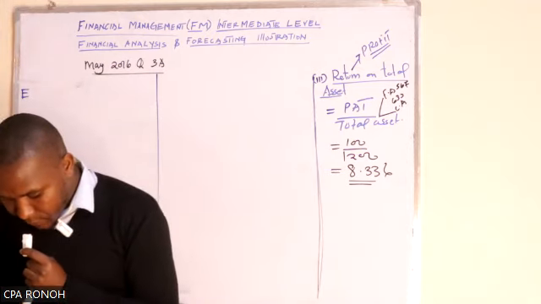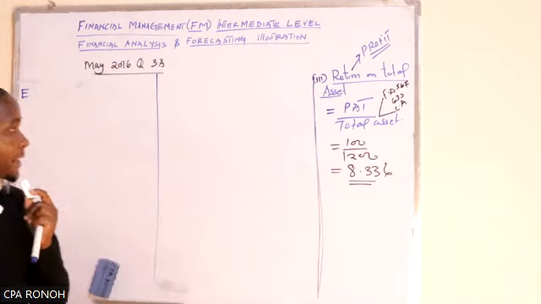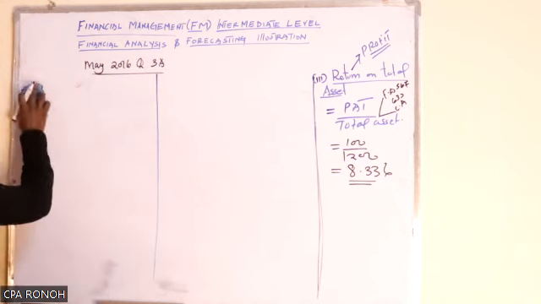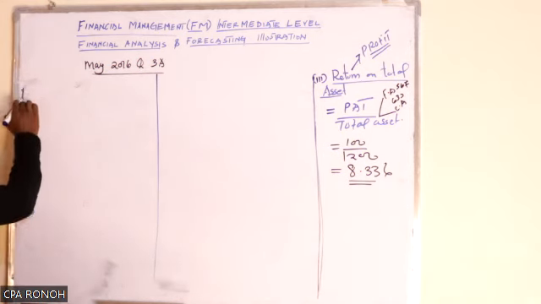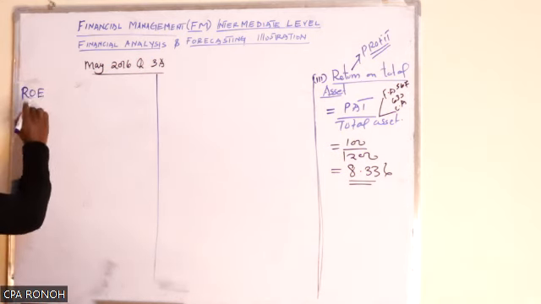The first thing is you ask yourself which formula can help us to get the equity. The formula which can help us is the ROE, return on equity.